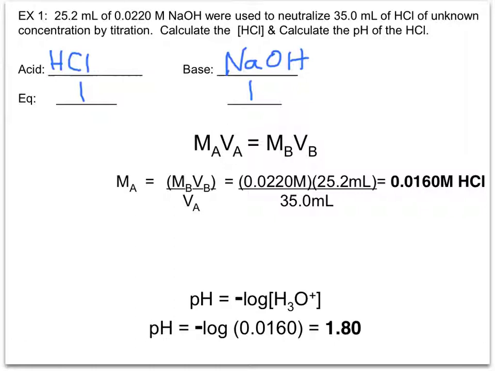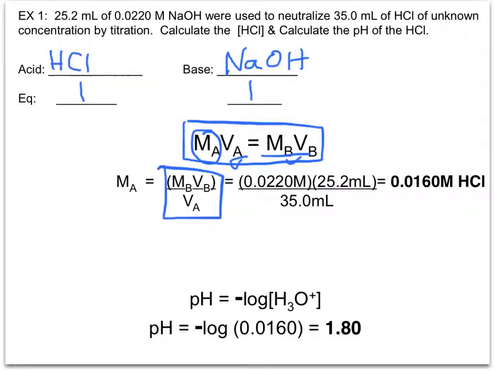If we take the molarity equation and rearrange to solve for Ma, we do this by dividing both sides by Va to get this formula here. Substituting in the given information from the problem, we see that we don't have to convert the volumes of the acid and base as long as they're the same unit.